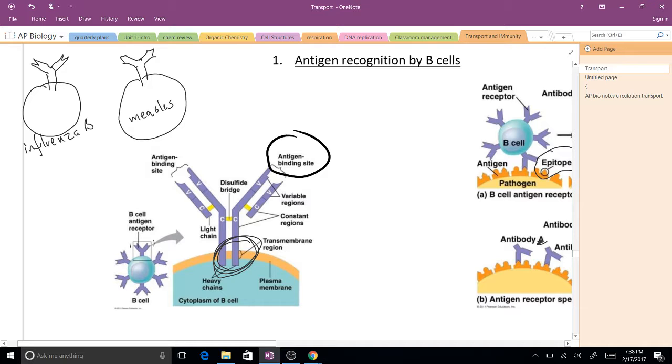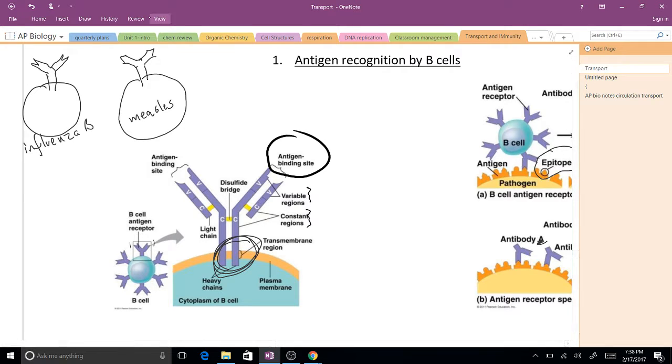Now, B cells have a receptor that's found in the membrane, and some of you will recognize this. It resembles an antibody. What they have is a constant region; C is the constant region. The V are variable regions. And the variable regions, just as the name implies, give a specific shape to what's called the antigen binding site.